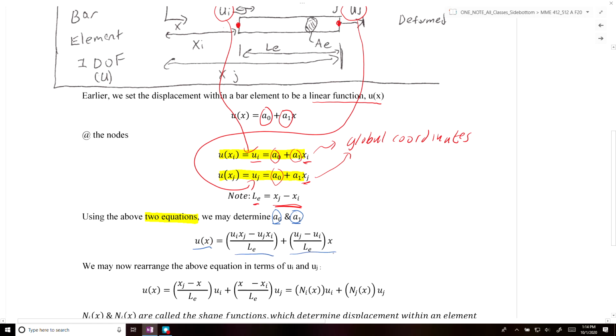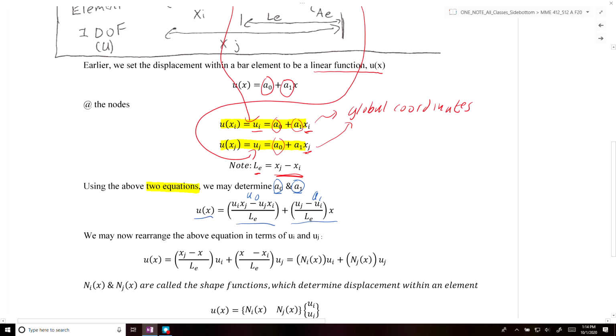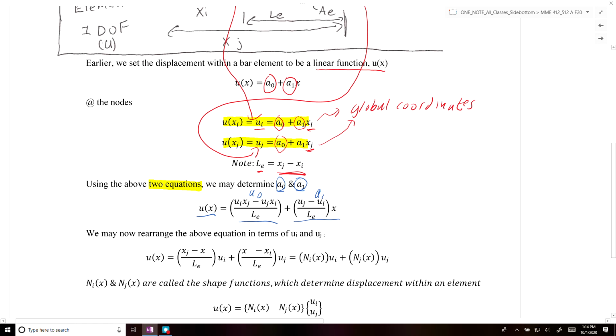We have a constant a naught and another constant a1. We can now rearrange this equation, instead of being in terms of x, in terms of our two displacements ui and uj.